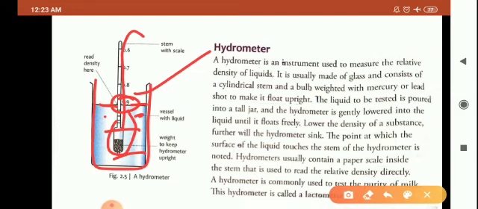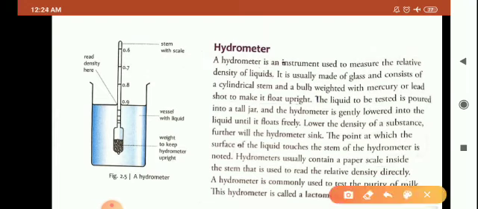As soon as it floats freely by itself, we record the reading at the point where the surface of the liquid touches the stem of the hydrometer, and that reading gives directly the relative density of that particular liquid.